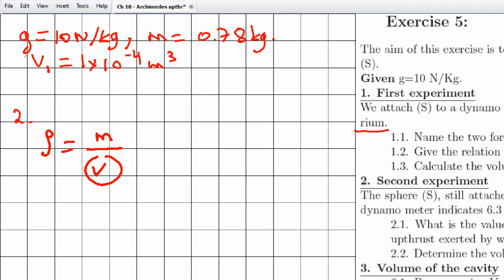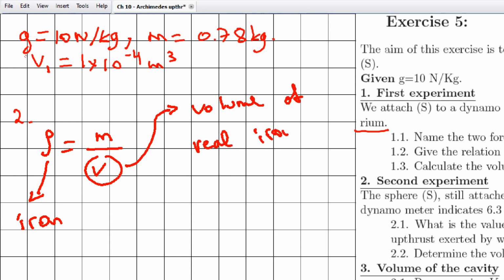It represents the volume corresponding to the material of density rho and for the mass m. So for this density, we have used the density of iron. So this volume represents the volume of real iron inside the sphere.